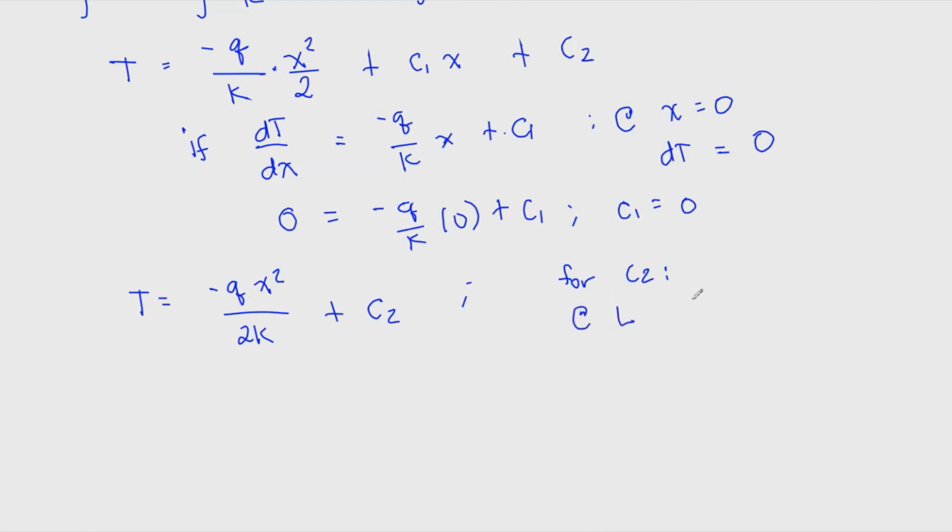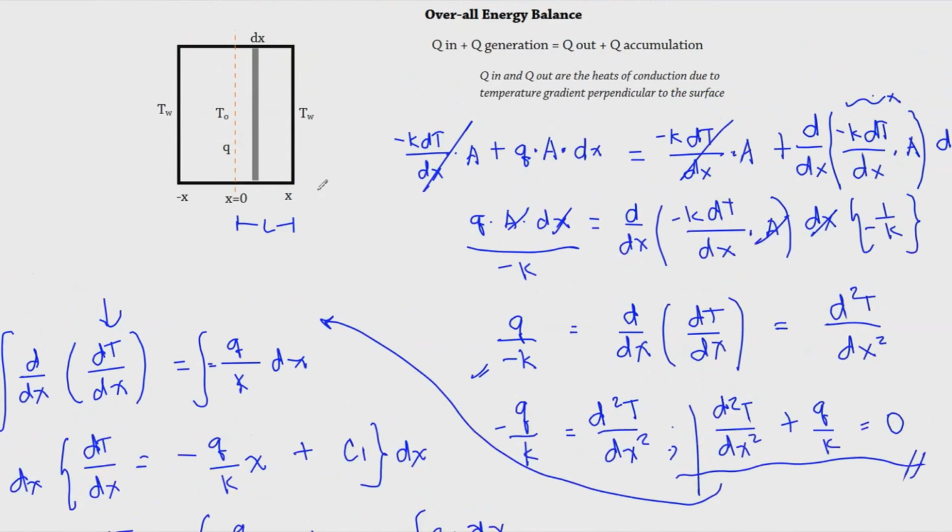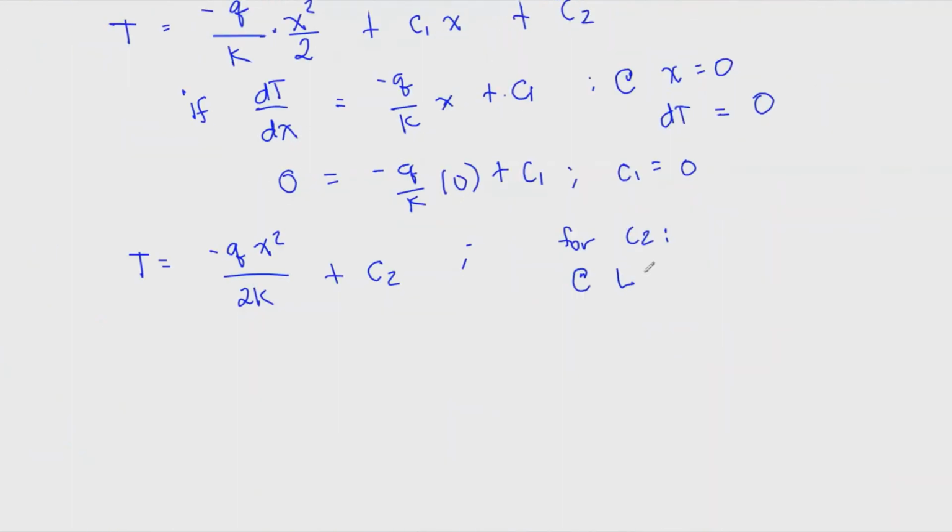Let's say at L, which in this case is the length from the center going out to the edge of our slab here, at that portion the temperature is Tw. So when x is equal to L, our T is Tw.